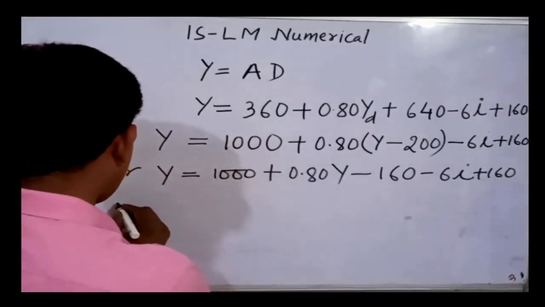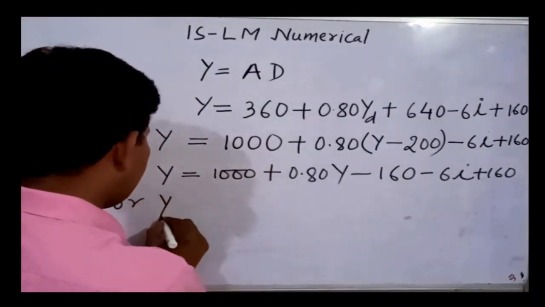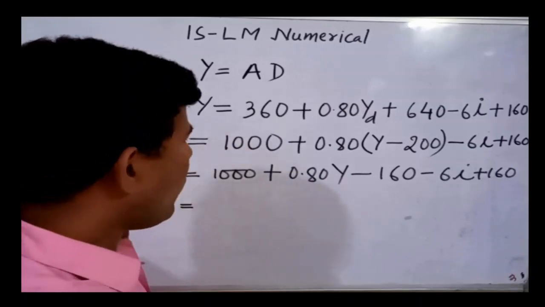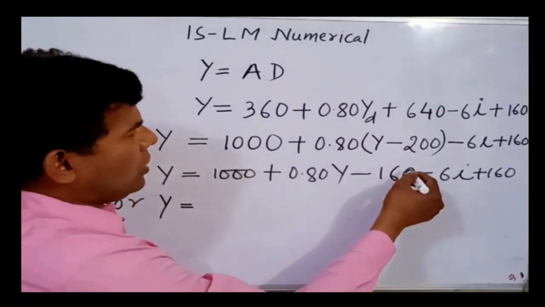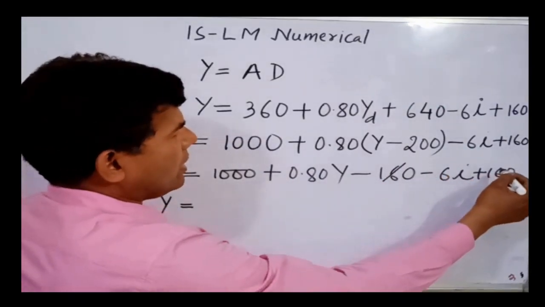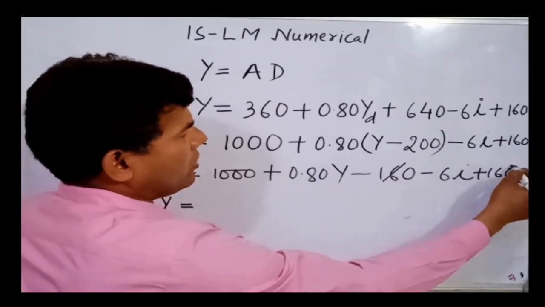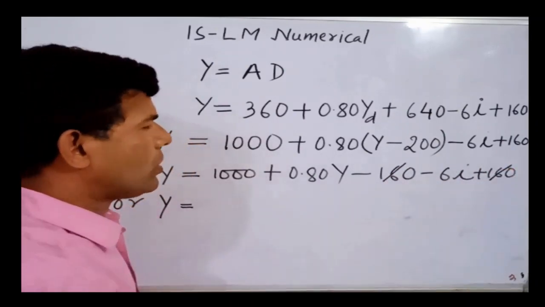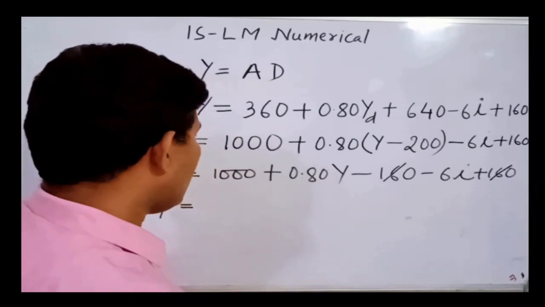Now we can write here Y is equal to, you see 160 is minus and here you got plus 160, so both get cancelled out.